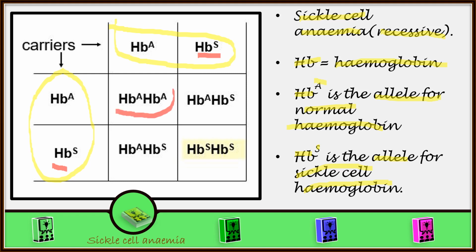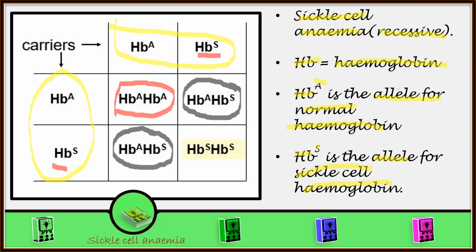this child is going to be normal. This child is a carrier, and this one is also a carrier. Then the last child here is a sickler.